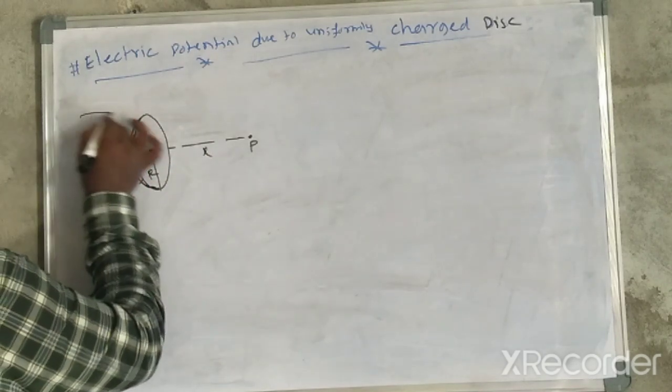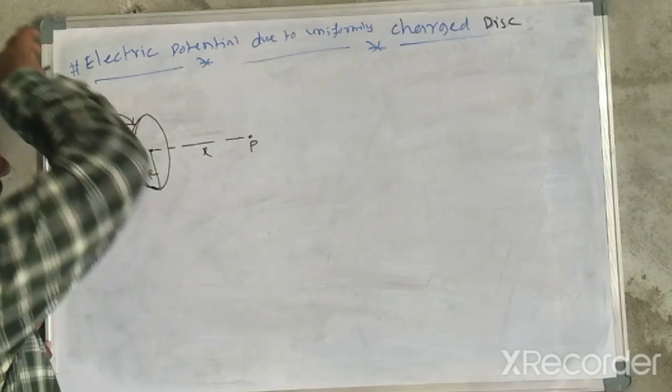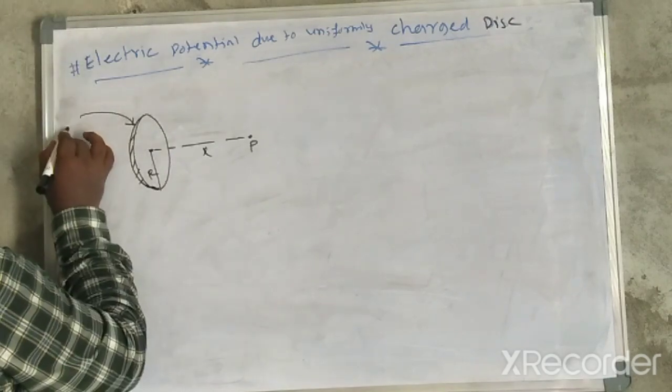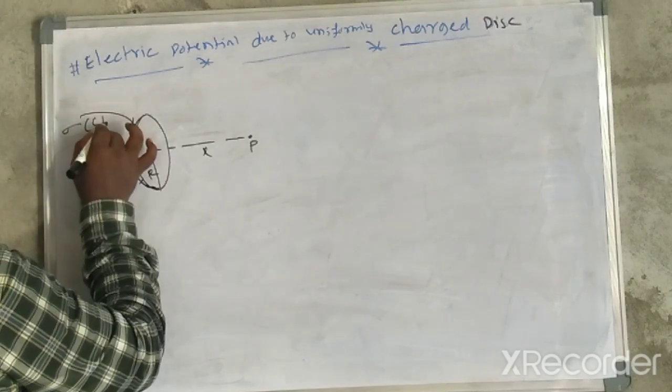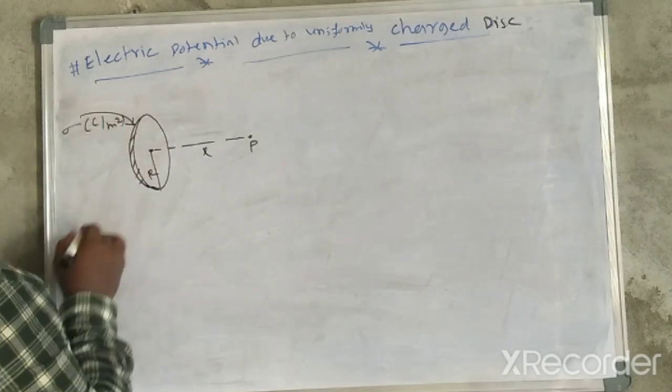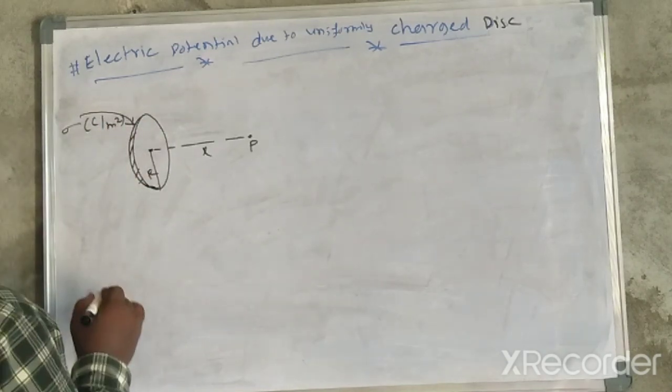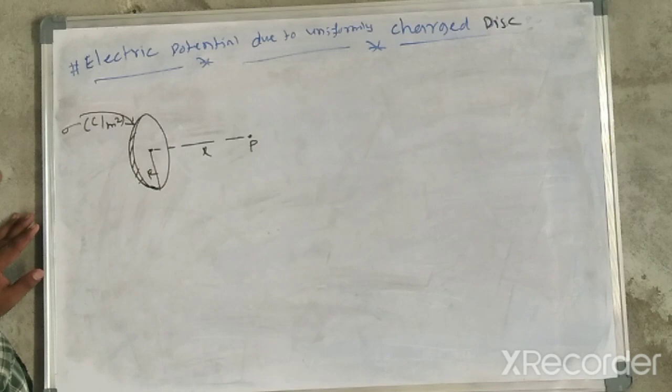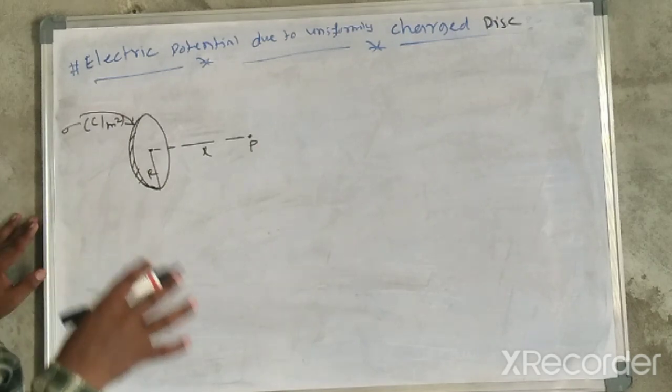This disk is two-dimensional, with charge density sigma coulomb per meter square. This is a uniformly charged disk.